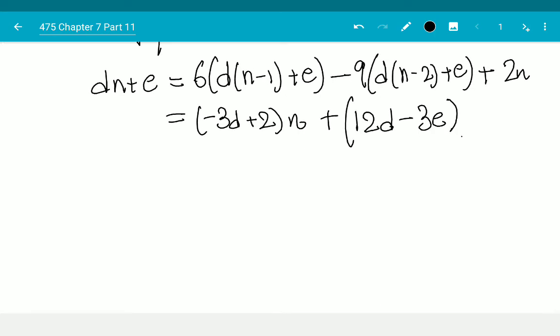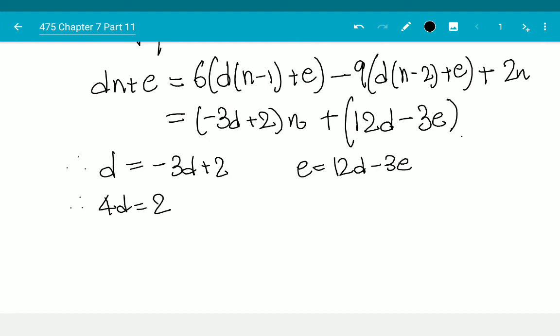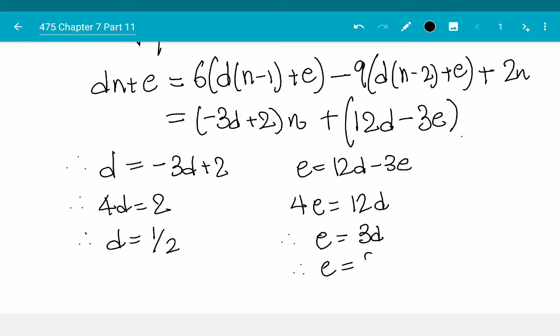And therefore you get d is equal to negative 3d plus 2, and e is equal to 12d minus 3e, right? Therefore 4d is equal to 2, therefore d is equal to 1/2, and 4e is equal to 12d, therefore e is equal to 3d, therefore e is equal to 3/2.